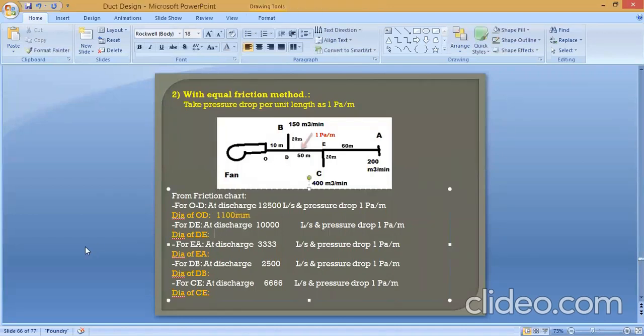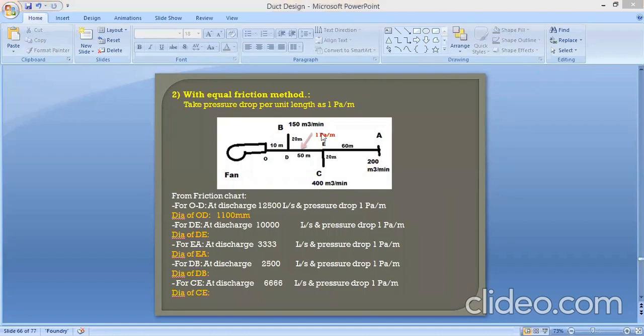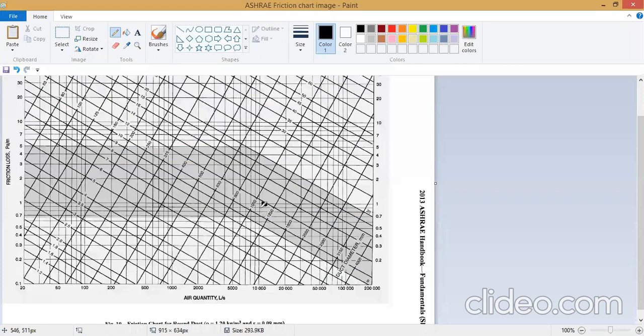Next is 10,000 and 1 pascal per meter. So 10,000, just go to 10,000. So 10,000 is here, and it is the 1 pascal per meter line.